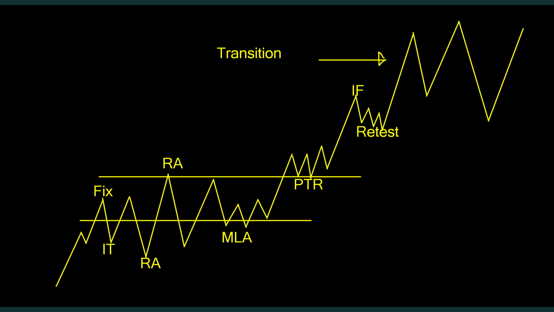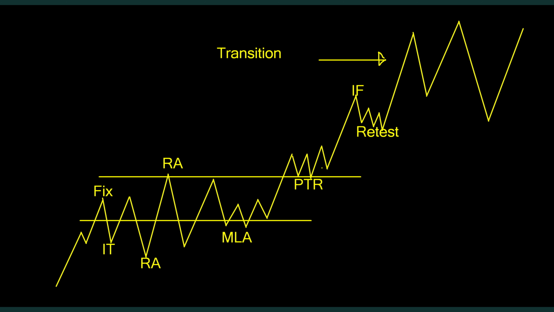As I said, we'll discuss all this in more deep details in the next lesson. Then we see the formation of the third segment of the balance, which can have different forms. In this case, I showed you the middle level reinforcement, when we have some rotations on the middle level and then push through rotations that just go beyond the key level, resistance level, the upper boundary of the balance.